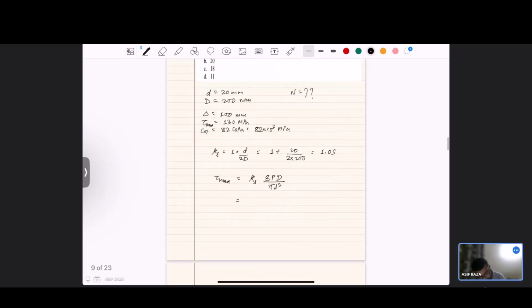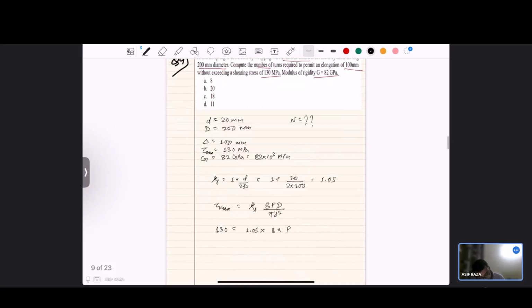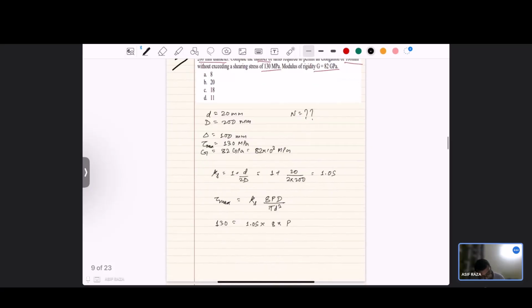Now let's substitute all the values here. 130, 1.05, 8, P is not given, right? D is 200, pi d cube.